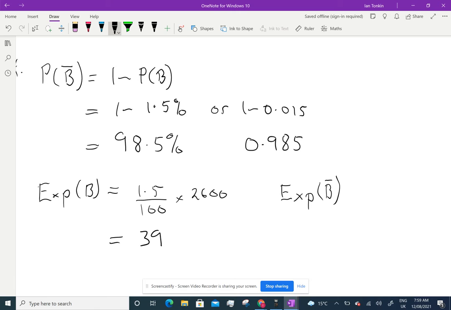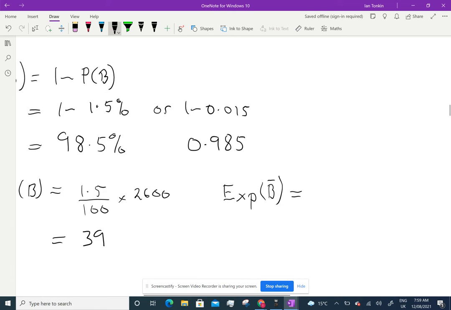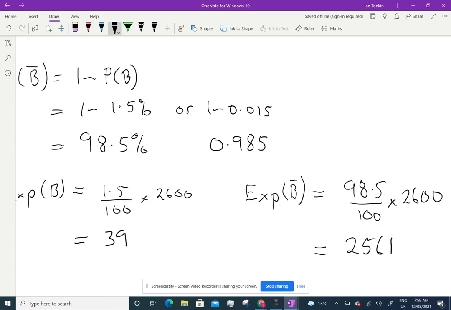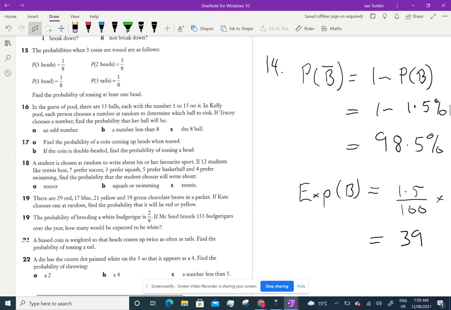Well, you could just go 2,600 minus that 39. We're going to use the expectation, which is 98.5 over 100 times 2,600, which is 2,561. All right.